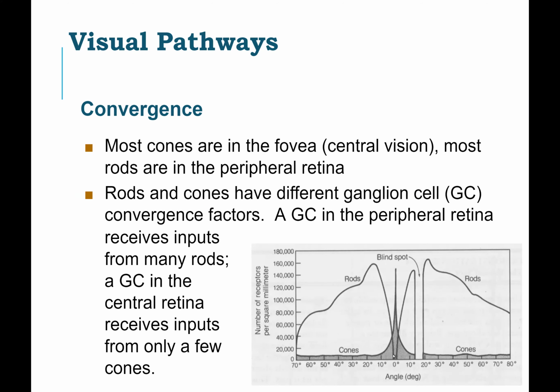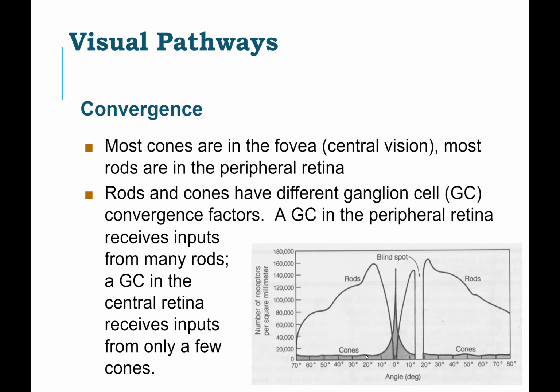So the distribution of cones is shown in the dark color, and the distribution of rods is shown in the white color here. What you see here is that in the retina, in the fovea, there is a large peak in the density of cones, and there's almost no rods there.